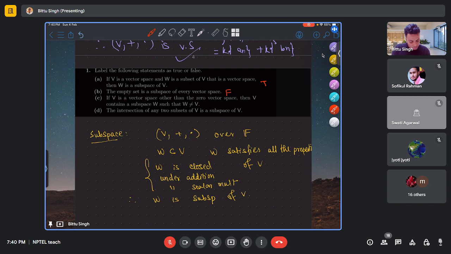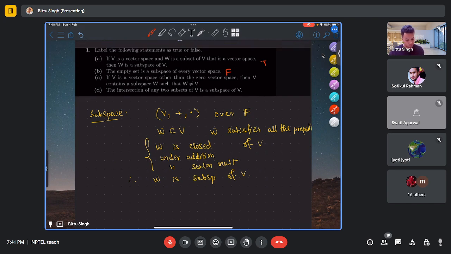If V is a vector space other than the 0 vector space, then V contains a subspace W such that W is not equal to V. Is it true? A non-zero vector space must have a smaller subspace. Is it true? 0 is a vector space.